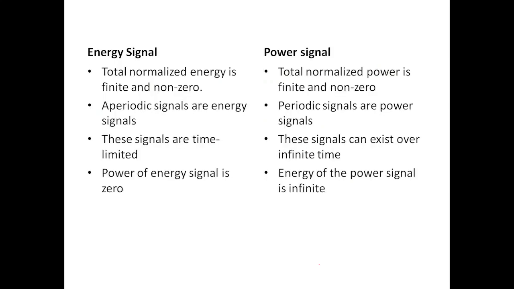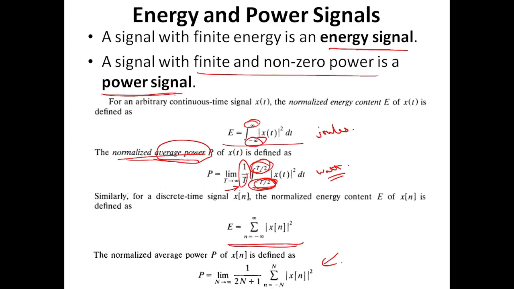So these are some of the properties of energy signals and power signals. As I told you, for energy signals, the total normalized energy should be finite and non-zero, whereas for power signals, the total normalized power is finite and non-zero. On the contrary, the power of the energy signal should be zero, because we are talking about capital T tending to infinity.